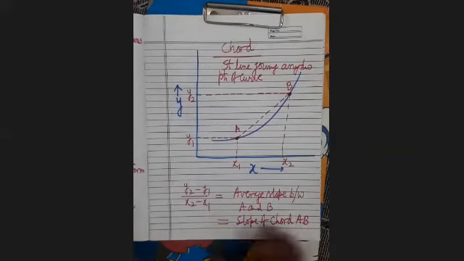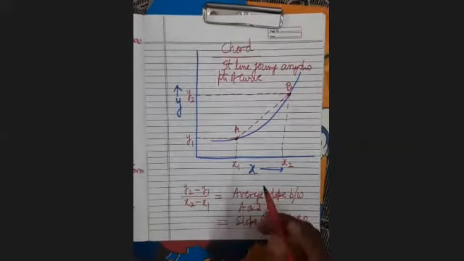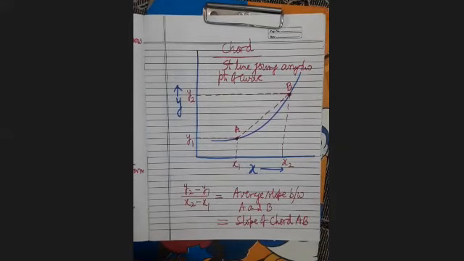This is the slope of chord AB. Is this thing clear or not? Yes, sir. Now suppose you have to determine the slope at any specific point, suppose at the point A. What will you do?